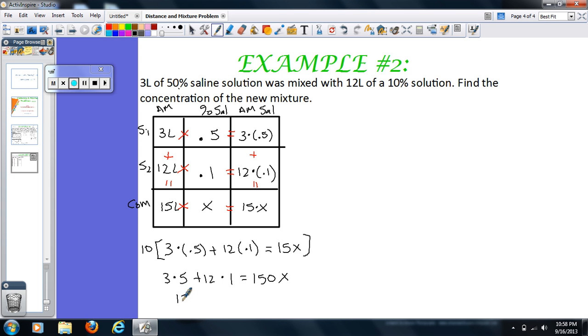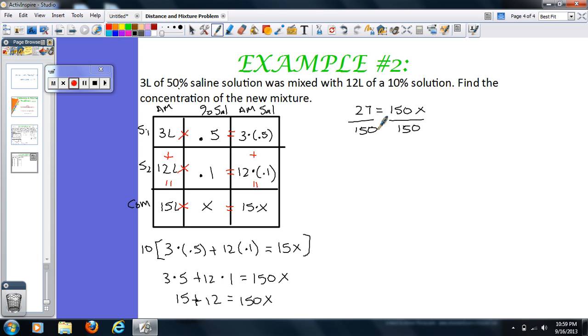Now do the multiplication and solve for x. 3 times 5 is 15 plus 12 times 1 is 12 equals 150x. So 27 equals 150x. Now divide both sides by 150.